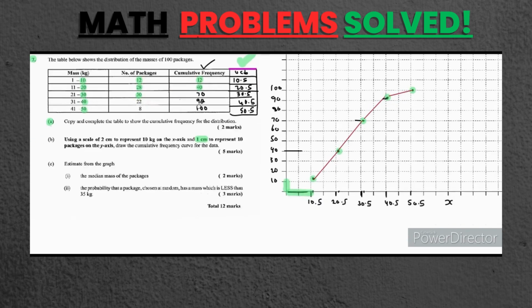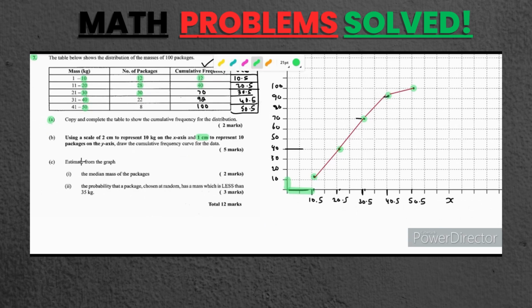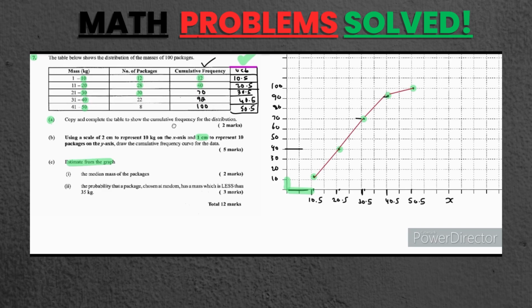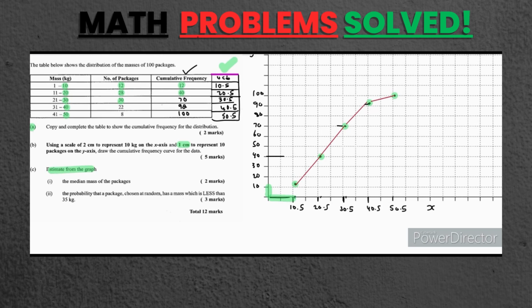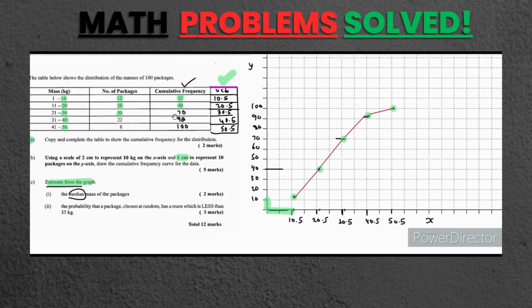Then what they ask us to find, that is important. Estimate from the graph the median mass of the packages. We have to find the median mass of the package. Although there are different ways to find the median of grouped data, right? But here they just ask to use the graph, so we will just use the graph and find the median.